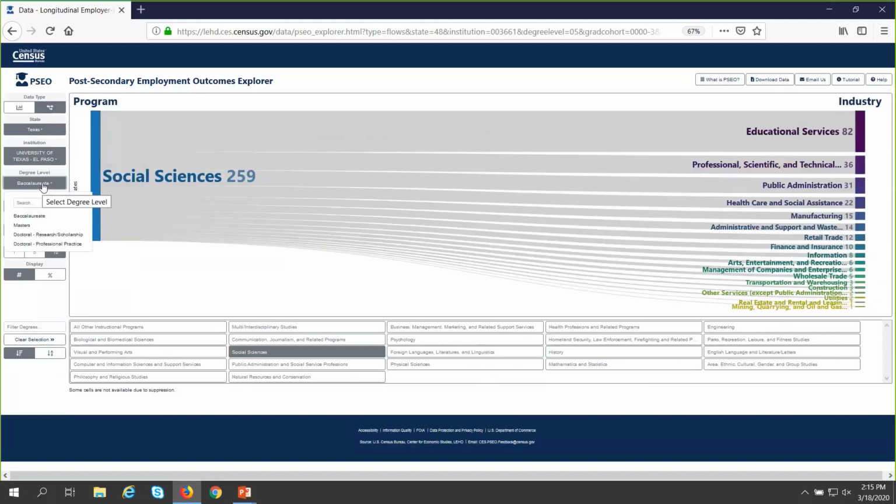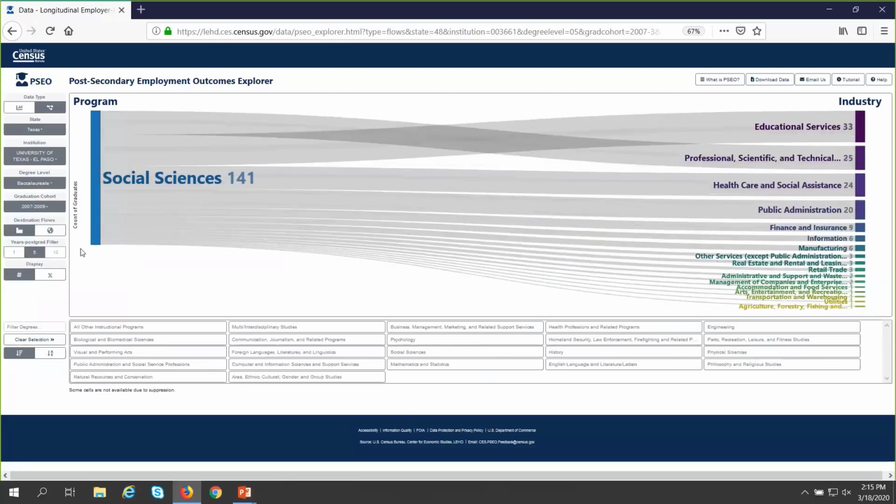It'll only populate the degree levels that are available at that institution. The default for graduation cohort is all cohorts, but if you click on the drop-down and you're only interested in individuals that graduated, for instance, in the Great Depression, which might be morbidly relevant right now, you can click on that graduation cohort and just see the data for that cohort.